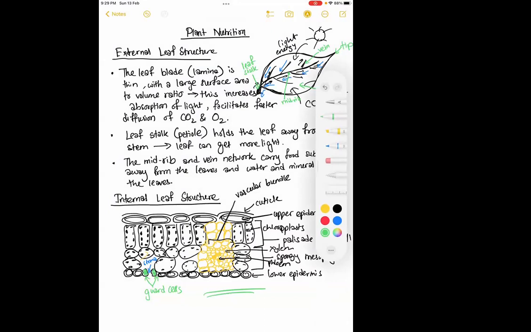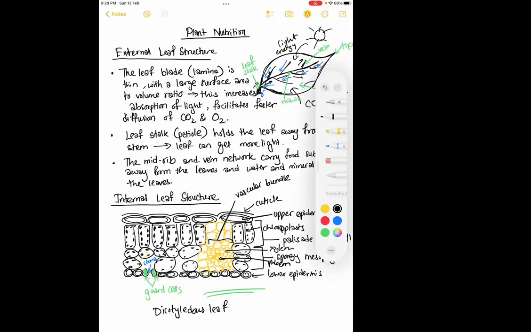Okay. So just so you are familiar with this term, dicotyledonous leaf, because if somehow you get this in your question, draw a diagram of the internal leaf structure of a dicotyledonous plant or leaf or whatever, don't be afraid. It's the same thing that I drew here.